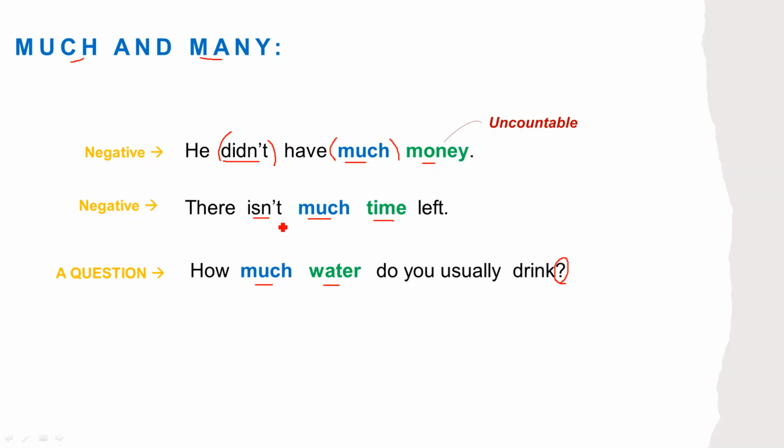Again, example number 2, also we have used much with the uncountable noun and also in a negative sentence.